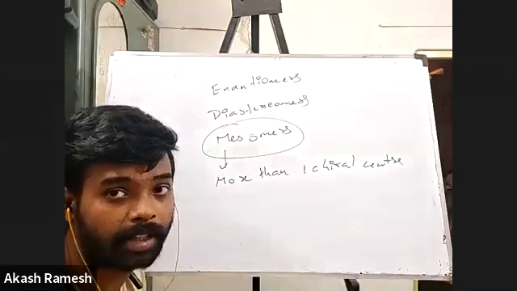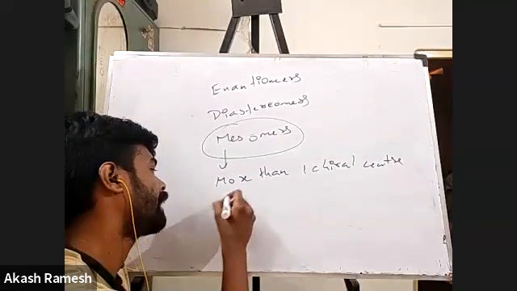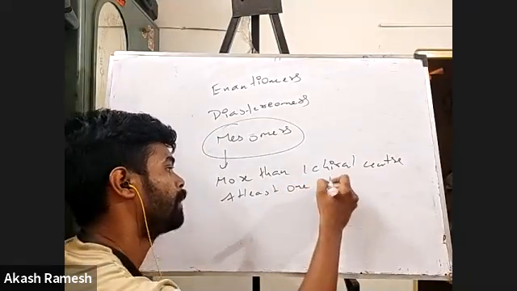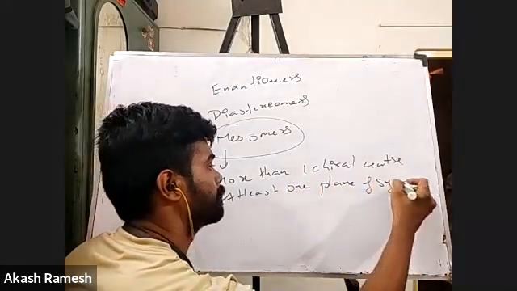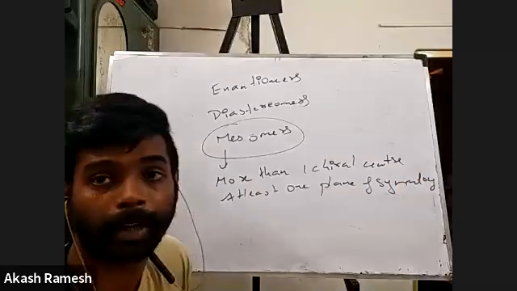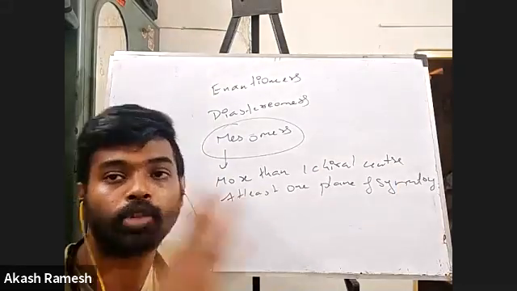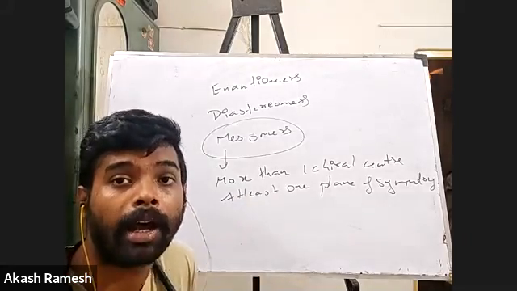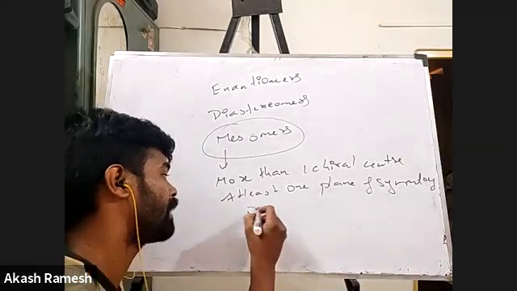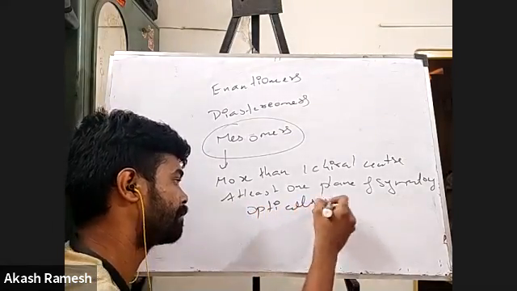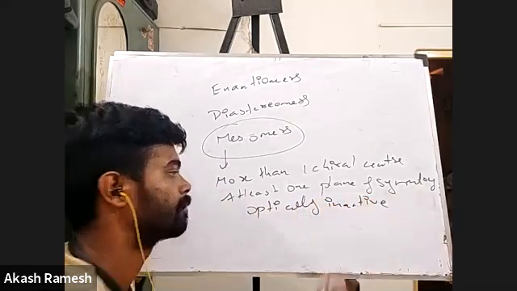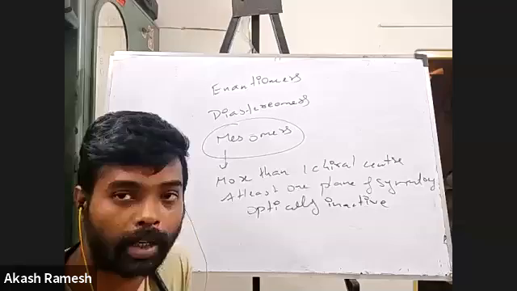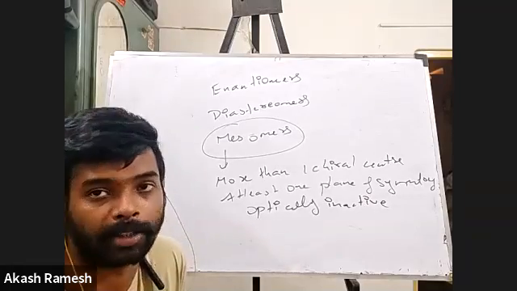But they have at least one plane of symmetry. That makes the mirror image and the compound superimpose with each other, and thereby overall optically inactive. Mesomers are optically inactive. They will not rotate plane polarized light, even though they have chiral centers.